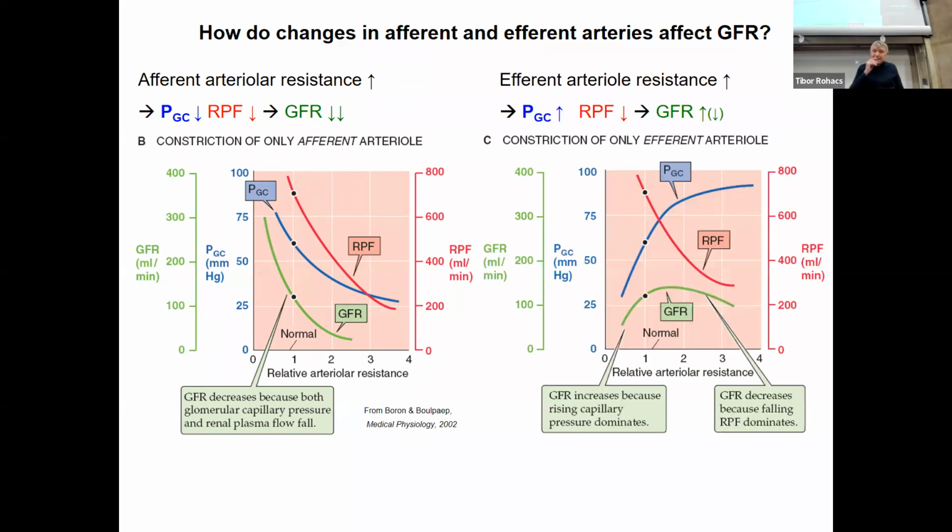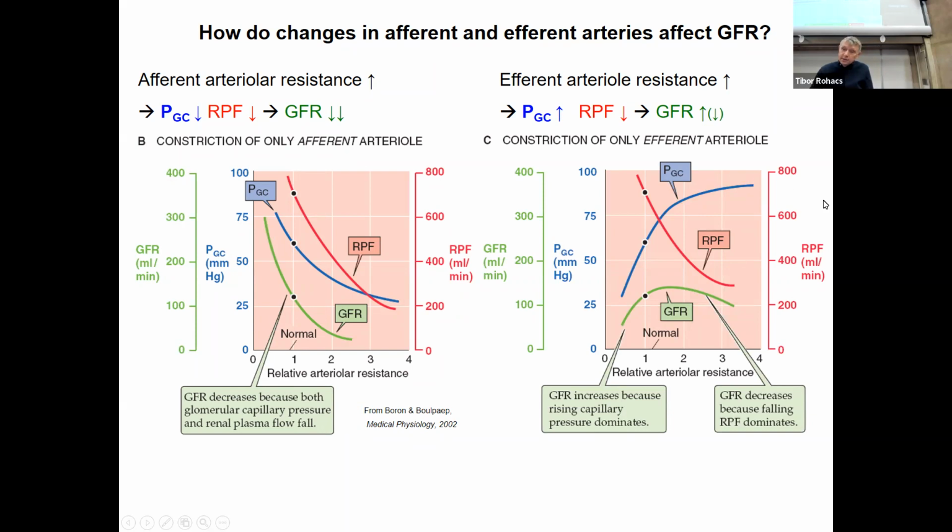If you constrict the efferent arteriole, the consequence will be somewhat different, because the renal plasma flow will decrease. If you increase resistance, flow will decrease no matter what, but your glomerular capillary pressure will increase, as we also discussed in the previous slide.